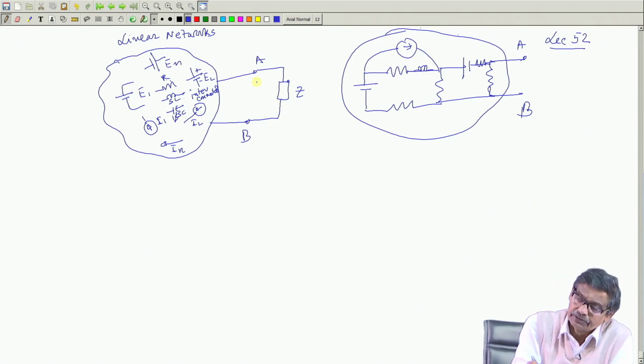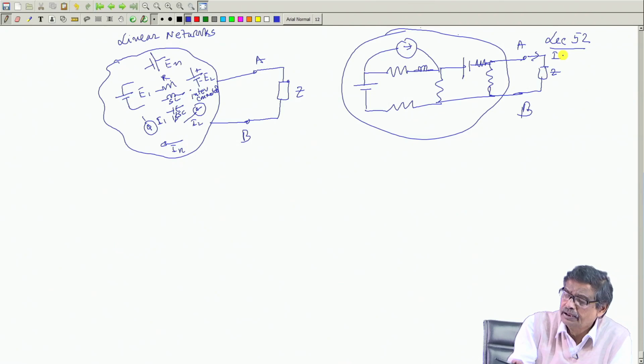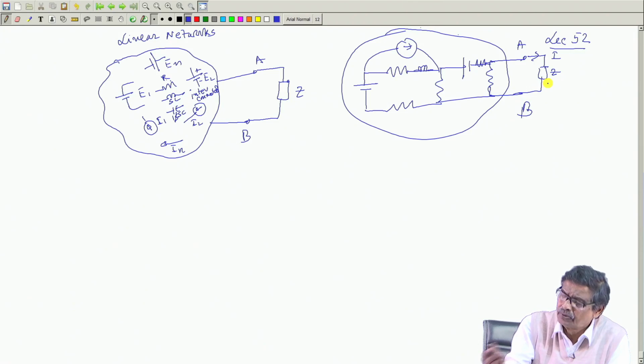Achha, in this network, if I ask you to find the current flowing through this branch Z, what is it? The topology inside is known to me, so I will calculate this current applying mesh analysis or node analysis, whatever it is. You will get the answer.